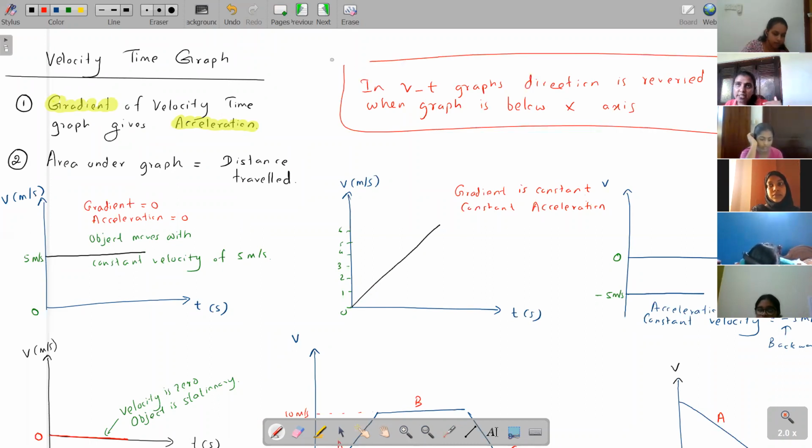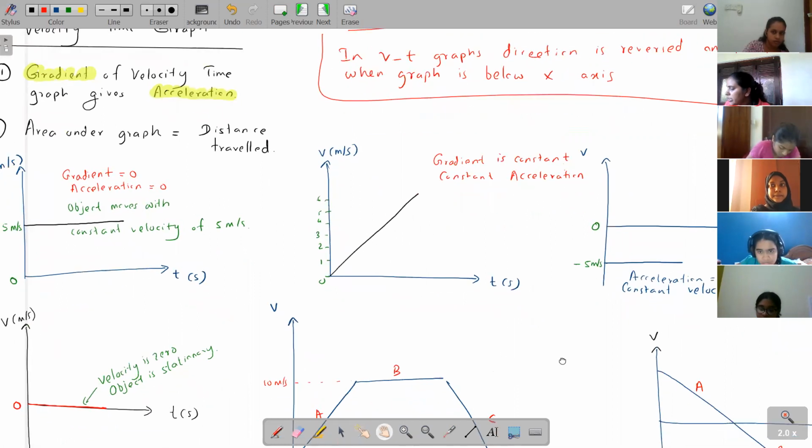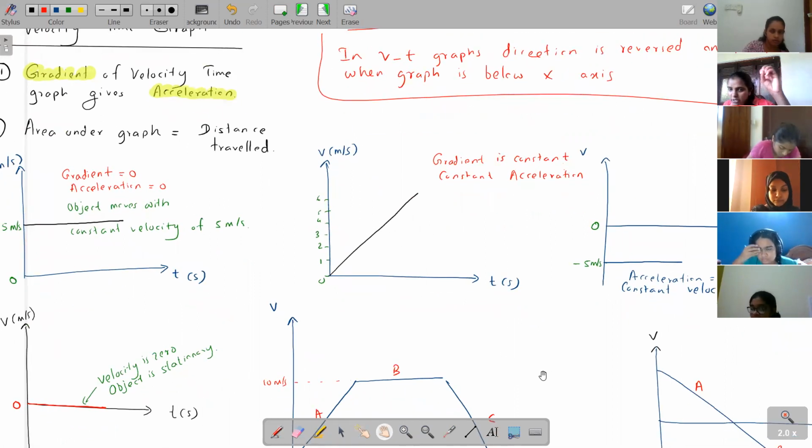When your graph is below the x-axis, it means you are reversing, you are changing direction. I hope you all got that. That is an extremely important key point.